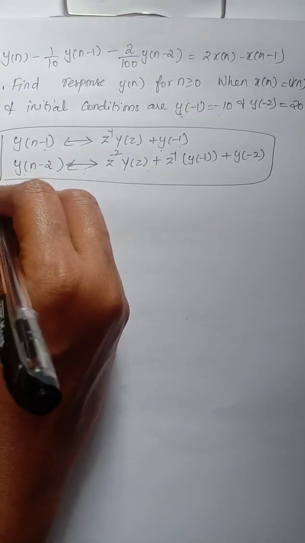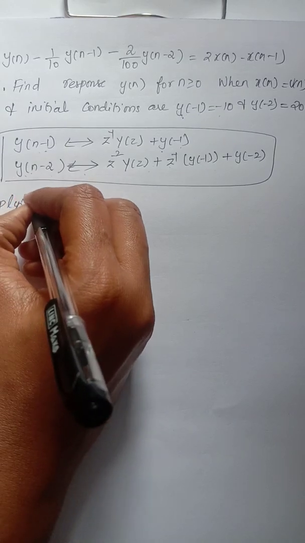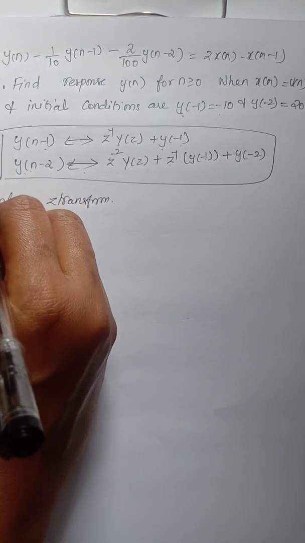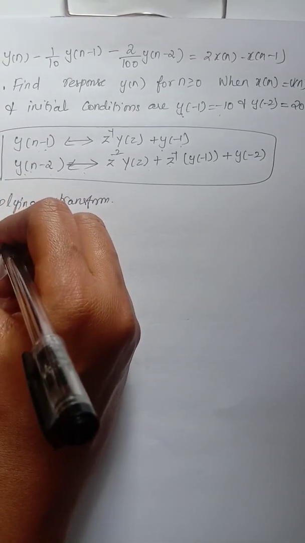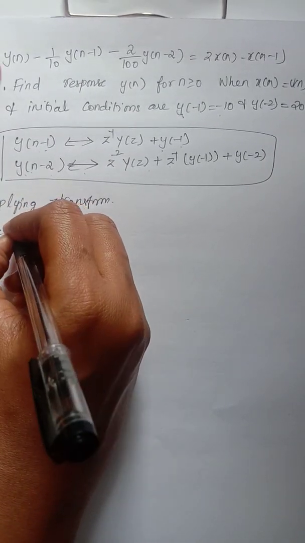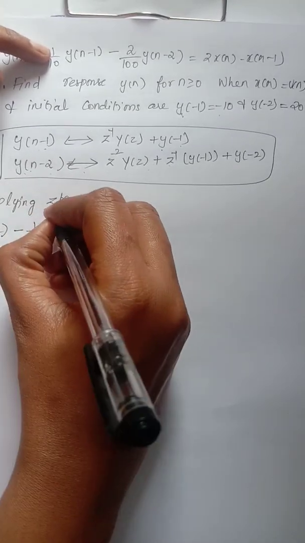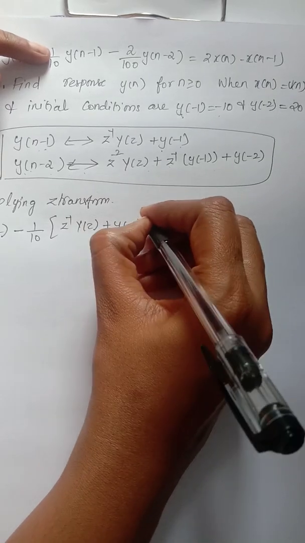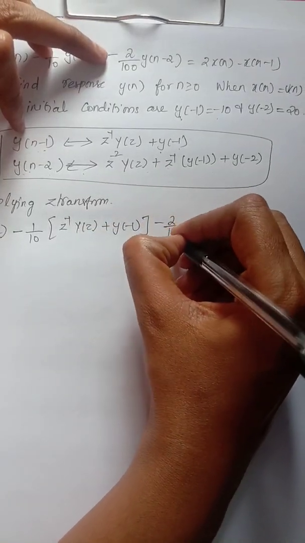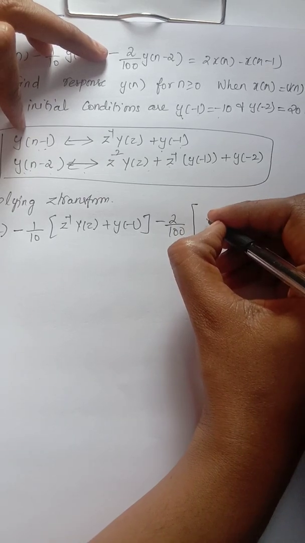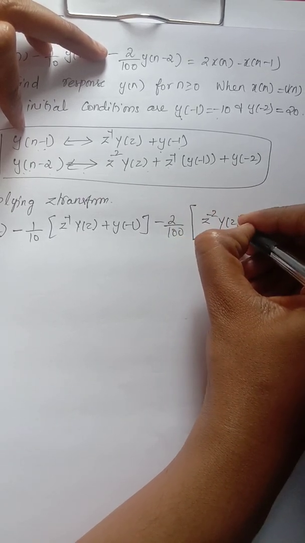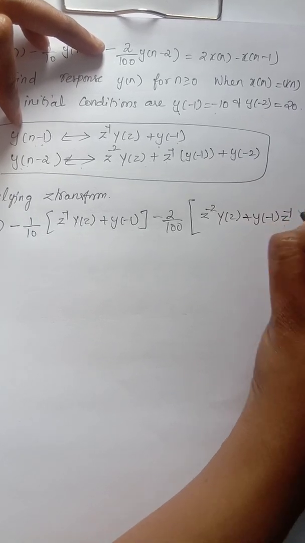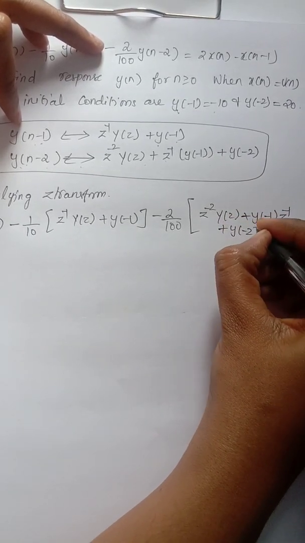Okay, now applying z transform for this. So what you will get is y of z for this one minus 1 by 10 z inverse y of z plus y of minus 1, then minus 2 by 100 into z power minus 2 y of z plus y of minus 1 into z inverse plus y of minus 2.